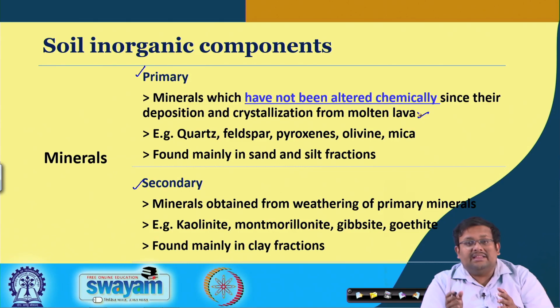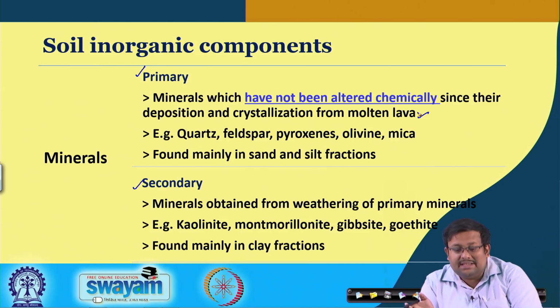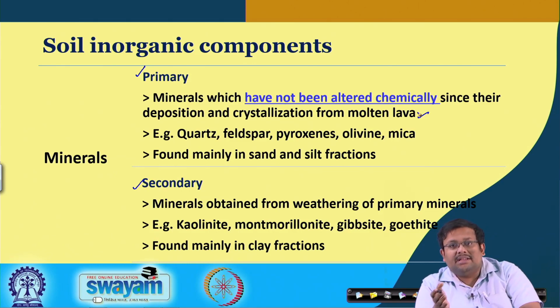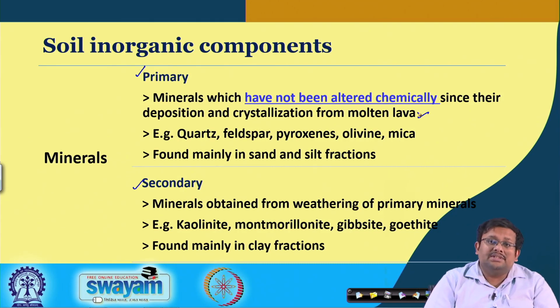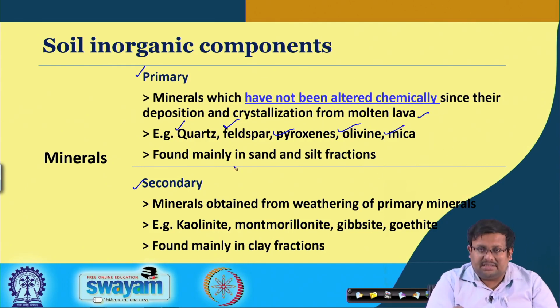When they do not change their chemical structure, and retain their original chemical properties, then we call them primary minerals. For example, the most important primary minerals present in the earth crust are quartz, feldspars, pyroxenes, olivines, and micas. So, these are very important primary minerals.